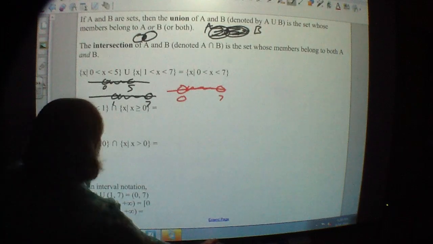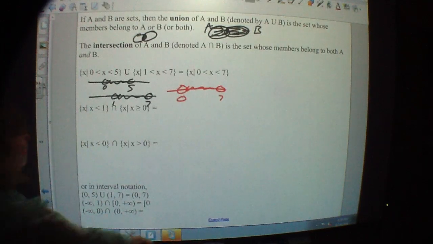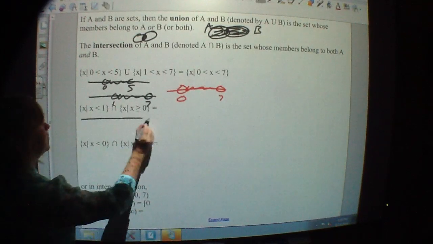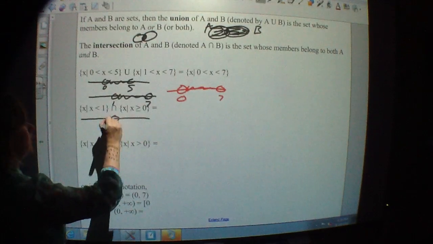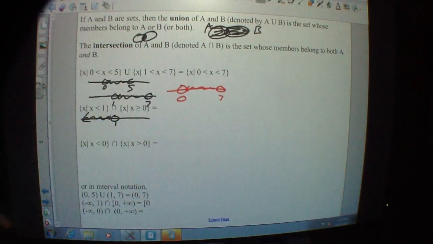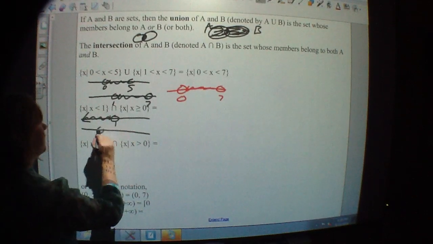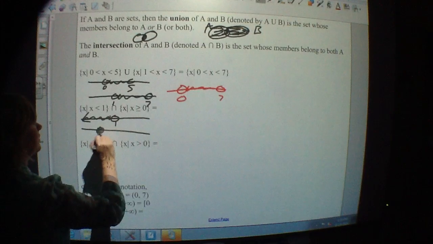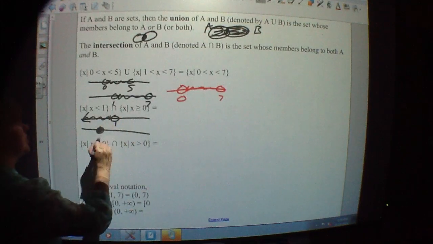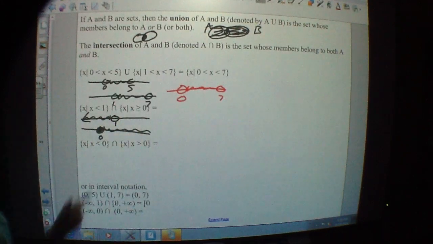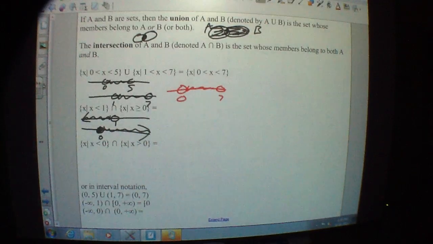The next one, intersection. X is less than 1, so there's 1, there's less than. X is greater than or equal to 0. 0 falls here, and it's greater than or equal to, so it includes 0. And it goes that way. So if I take those two graphs and combine them, only where they overlap is your answer.